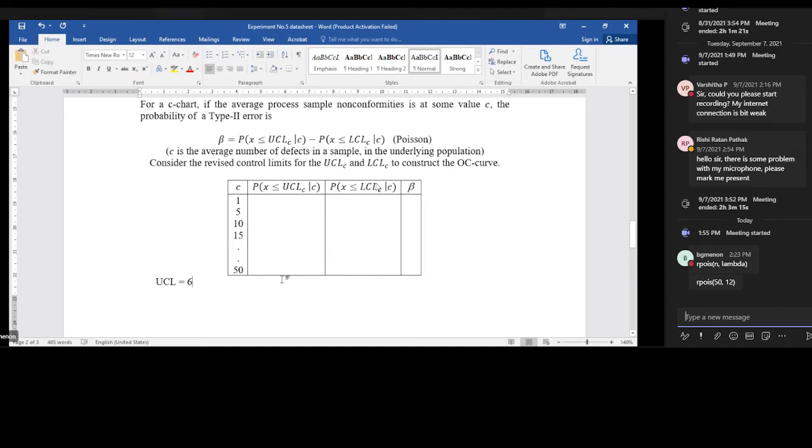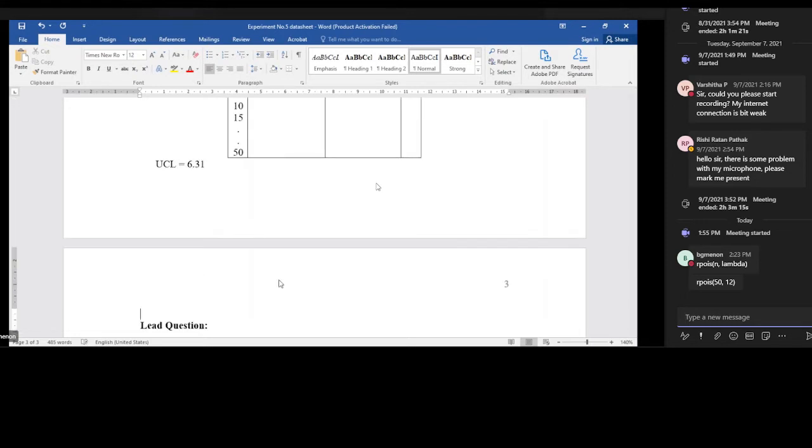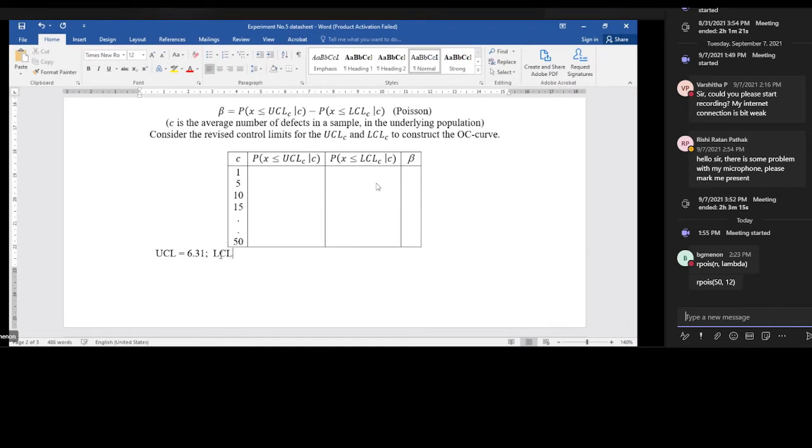For example, if you are getting an upper control limit of 6.31 and a lower control limit of, say, 2.32, for plotting this OC curve you can approximate the UCL to the lowest integer. The upper control limit is 6.31, so which is the next lowest integer? 6.